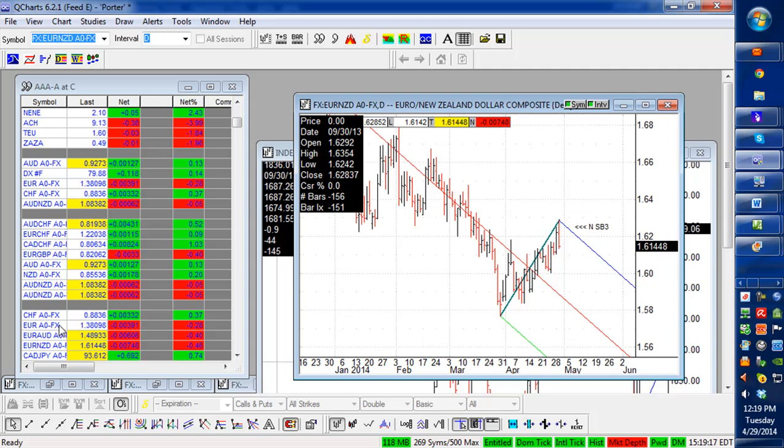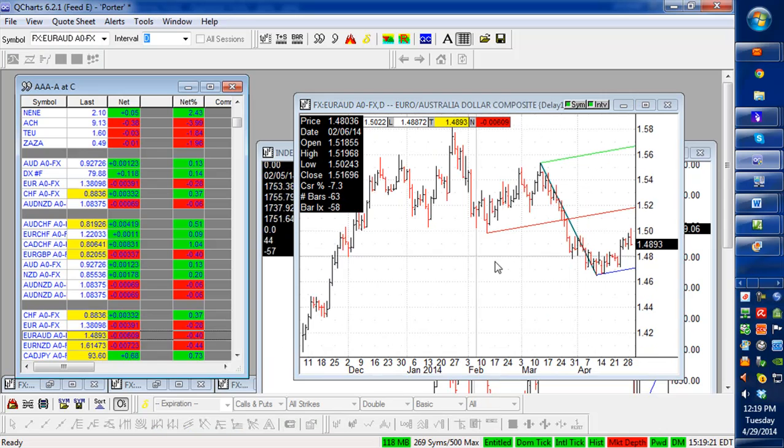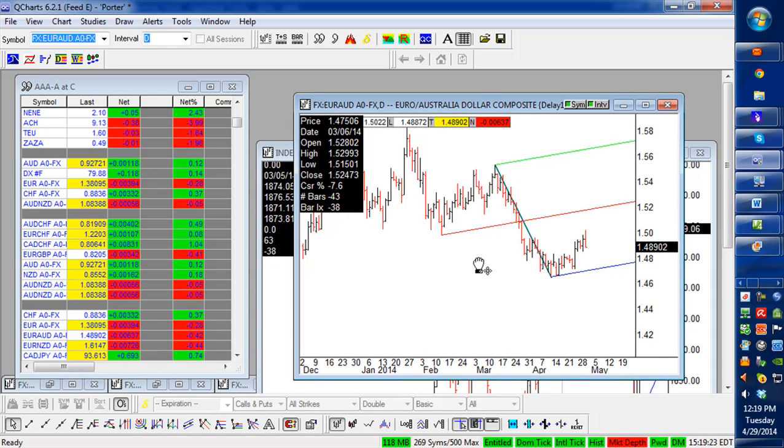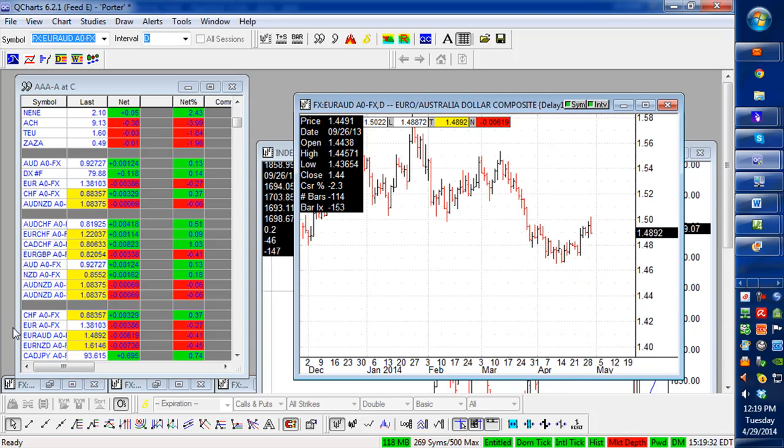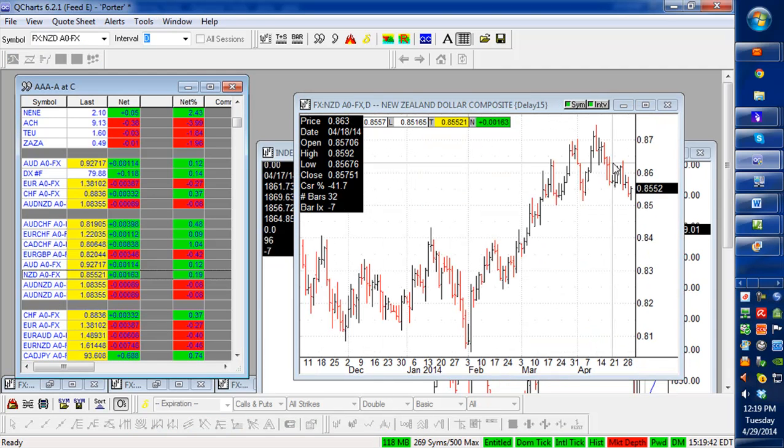The other one would be EUR AUD, and in this one I don't have a solid signal. So what I would have a tendency to do is take two of these, one of them being the NZD on the long side.